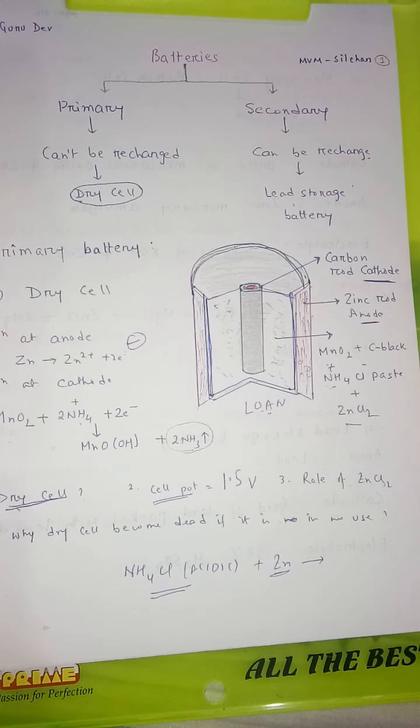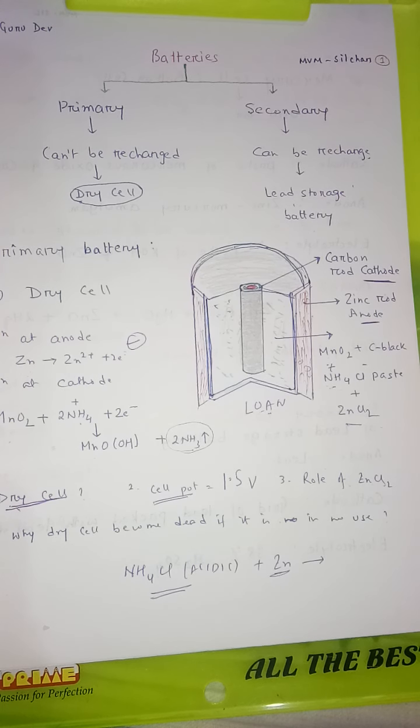So in this page what we have learned: we have two types of cell, primary cell and secondary cell. A primary cell cannot be recharged, a secondary cell can be recharged. In primary cells we have learned the dry cell. In the dry cell, the cathode is the carbon rod, the anode is the zinc casing outside, and the electrolytes are MnO2, carbon black, ammonium chloride paste and ZnCl2.